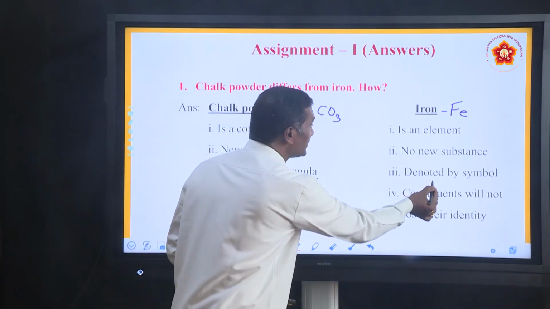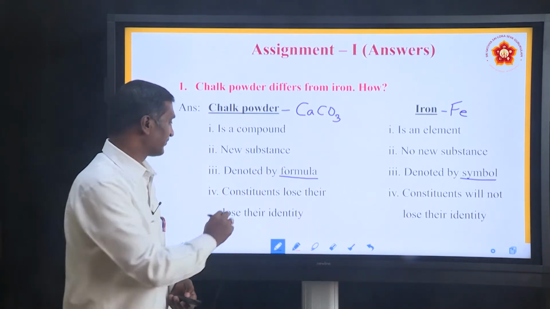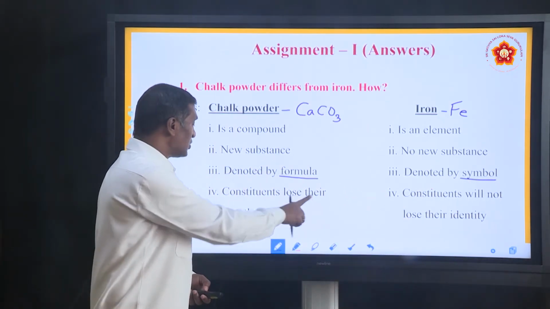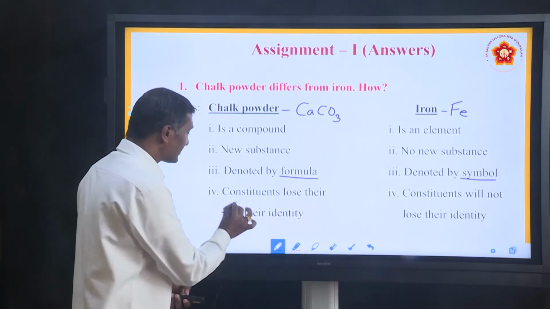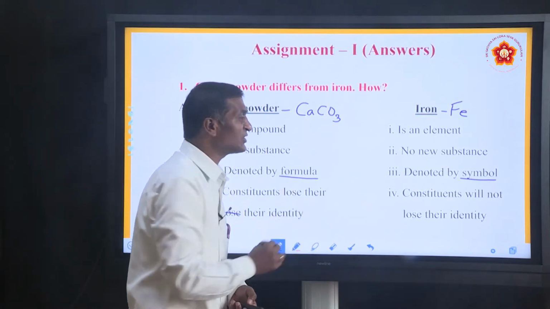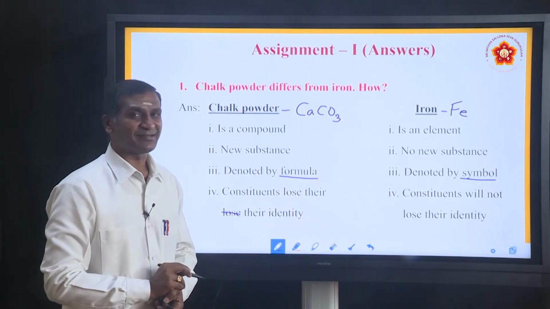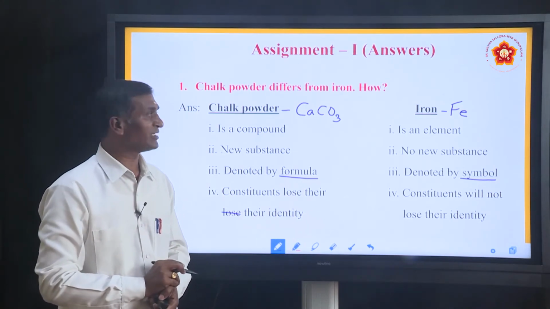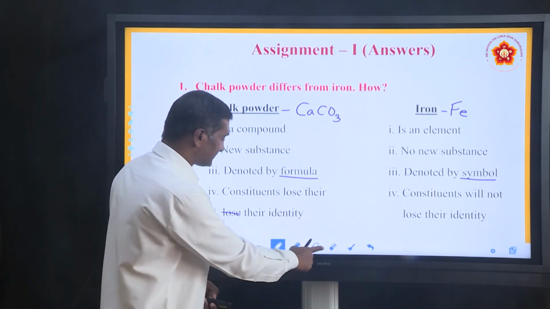Iron is denoted by symbol since it is an element. Here the constituents lose their identity in chalk powder. Constituents will not lose their identity in iron. So, this is the difference between the chalk powder and iron.